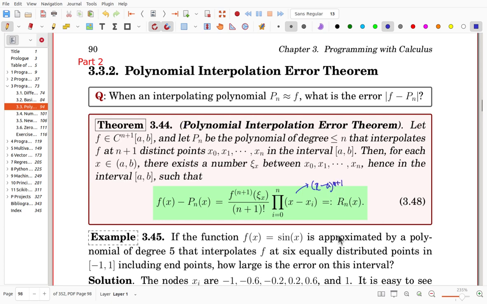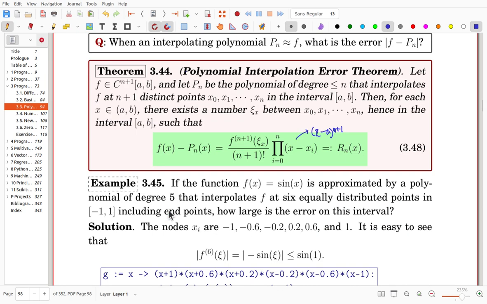So it compares well with the Taylor theorem. Now, for the interpolating polynomial, we have to make sure this term is small enough, then the polynomial is approximating the function quite well.